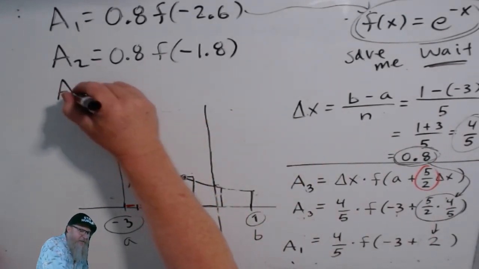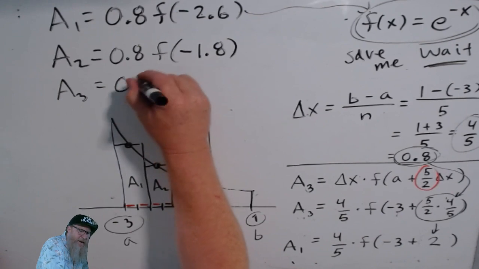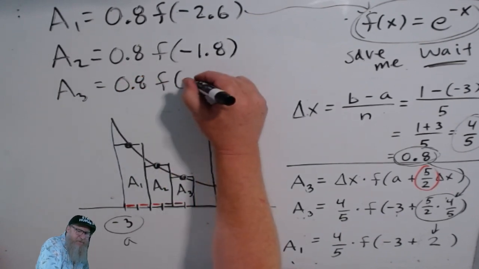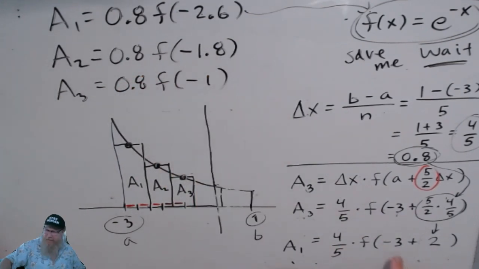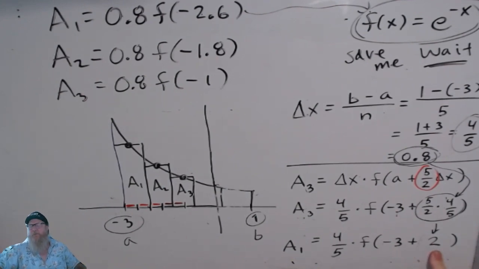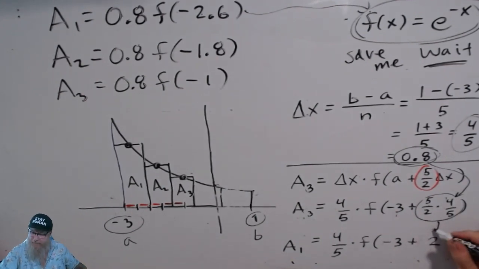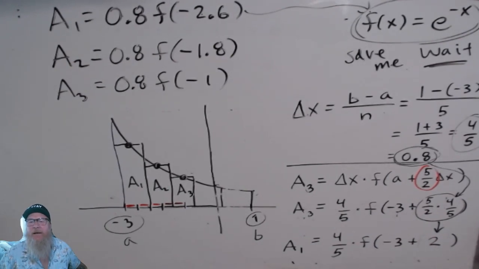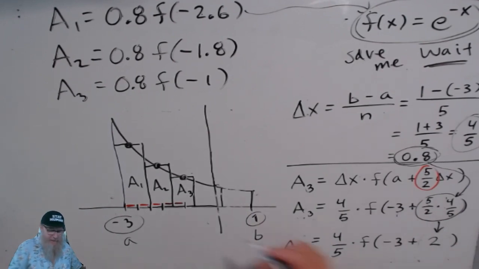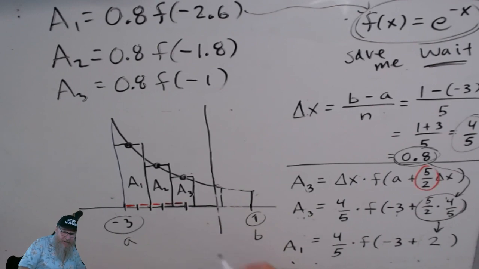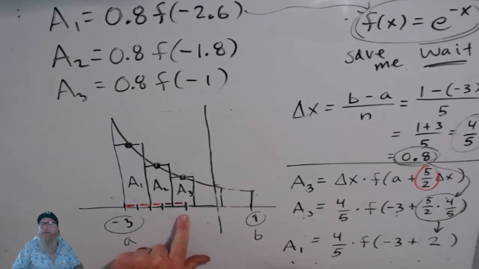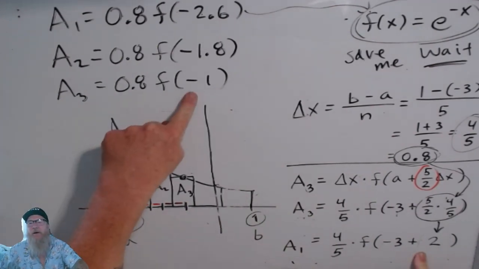So that was nice. A3 is 0.8 times f of negative 1, because it's negative 3 plus 2. I do have my calculator right here if we need it. I'm trying to avoid it until it becomes necessary. So this midpoint right here is in fact negative 1.